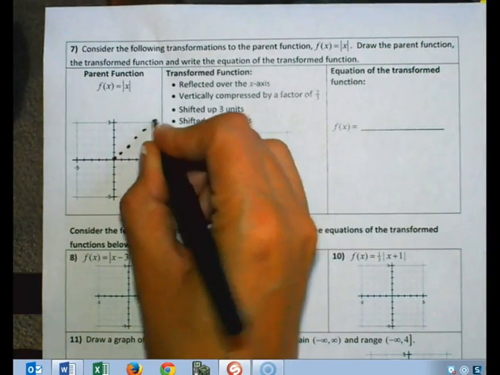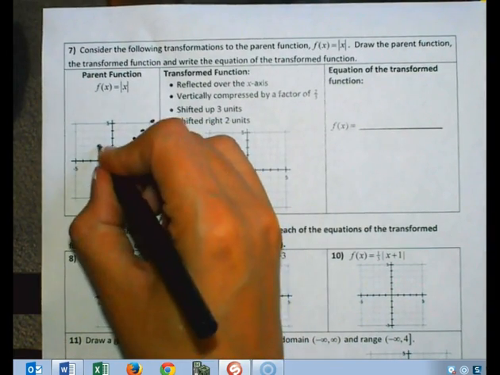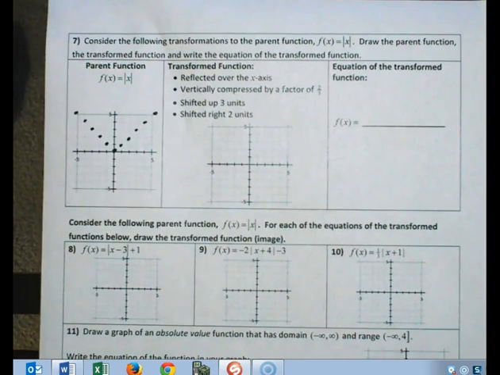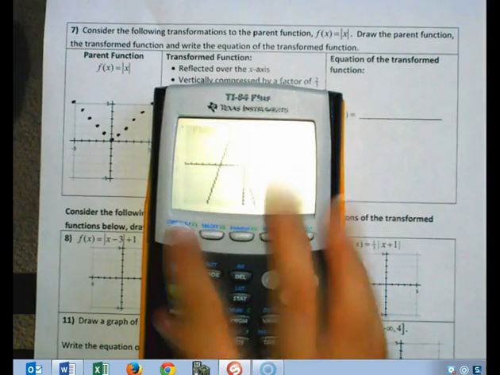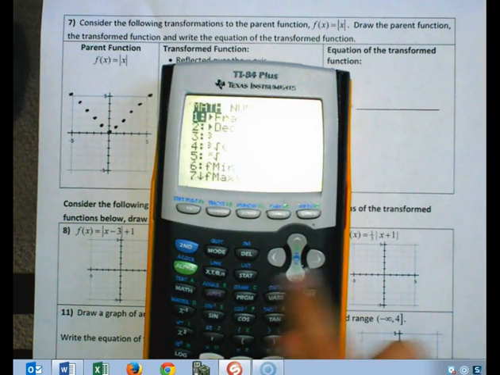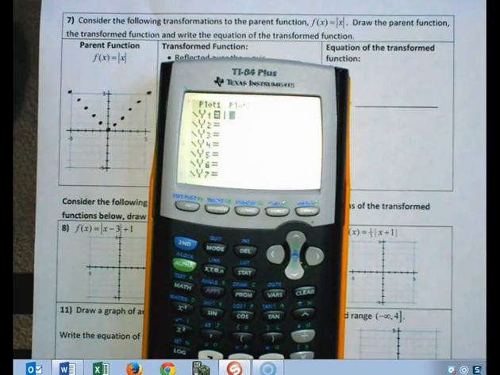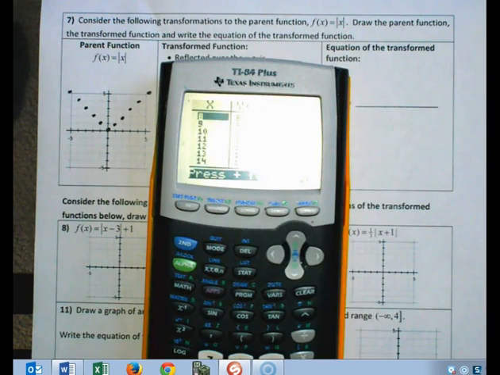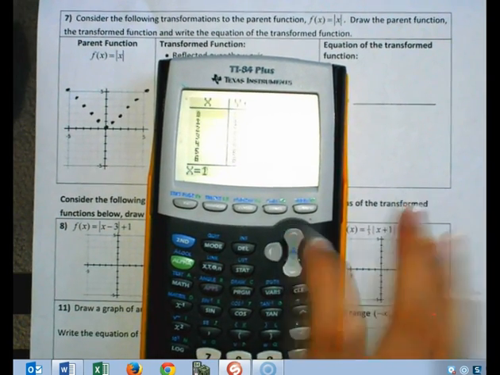But if you forget on the test, get your calculator out, clear what's in there. You're going to do math over to num, absolute value of x, and hit graph. And it shows you. And if you go to the table, it shows you the values. So you can plot some points.